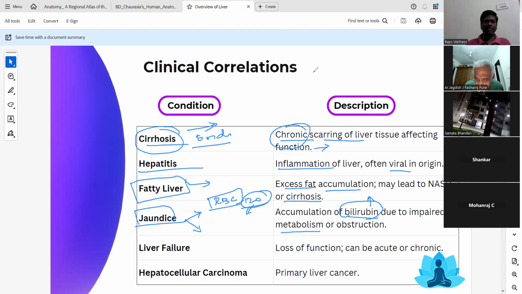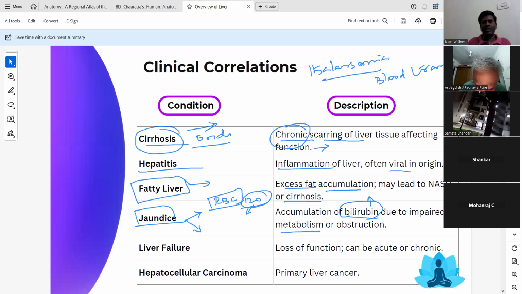Thalassemia is a condition where there will not be any blood production in the body. It's a genetically transmitted disease. Major, minor, alpha, beta, various categories are there, wherein the patients depend on the external blood supply or blood transfusion.